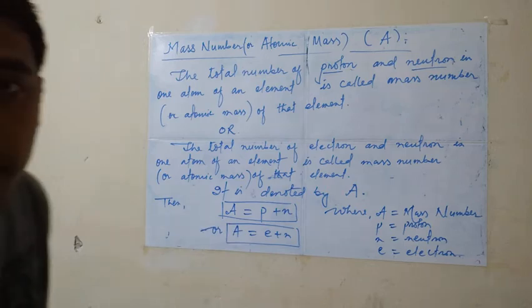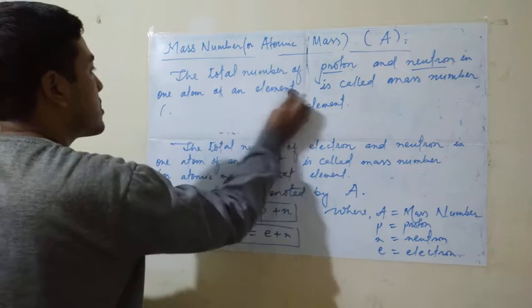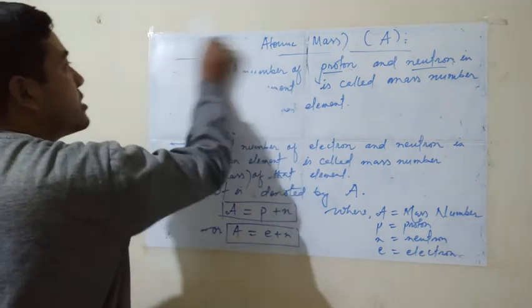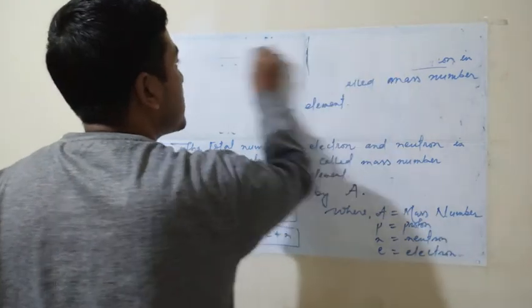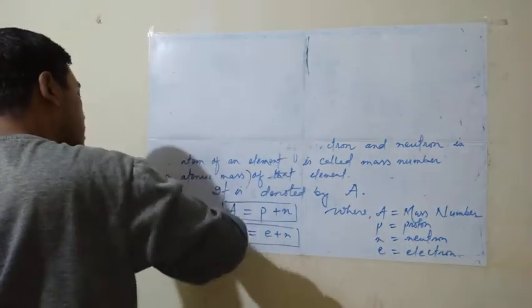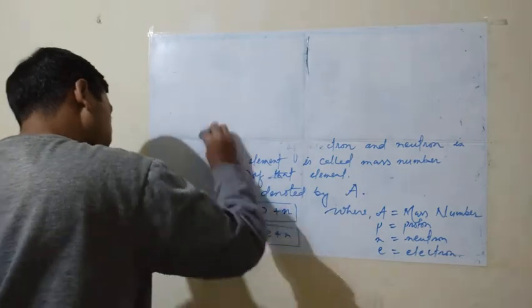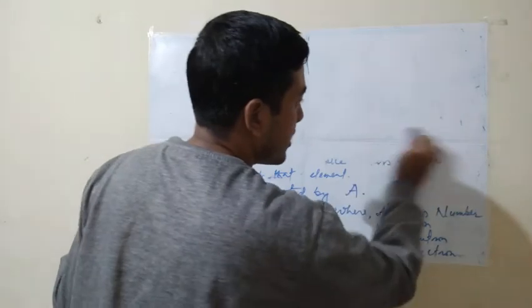Done? Okay, yes. Now, next, I will explain about the relationship between mass number and the atomic number. Mass number means atomic mass, right?